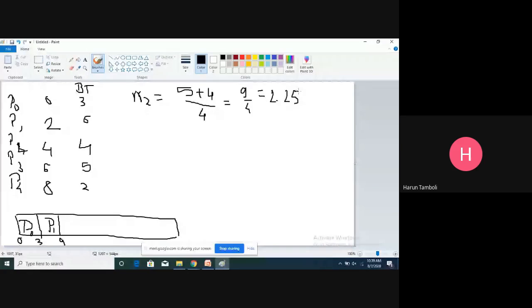Now similarly, calculate the response ratio of process P3. Again, see what the waiting time for P3 is.